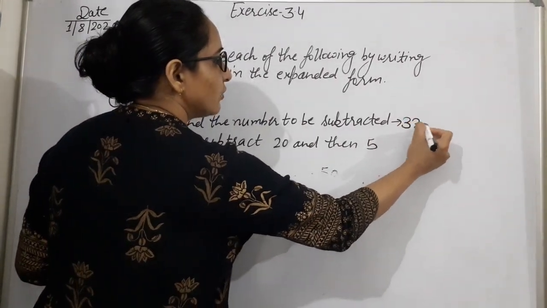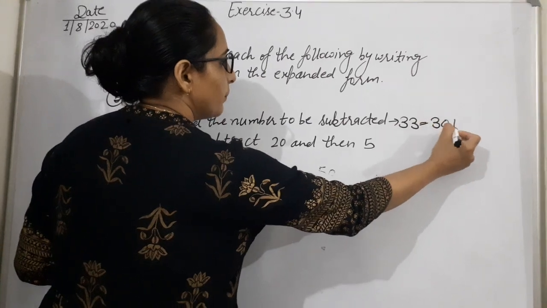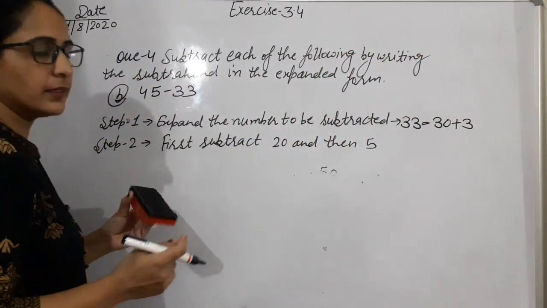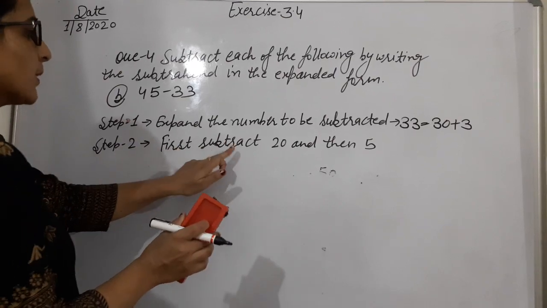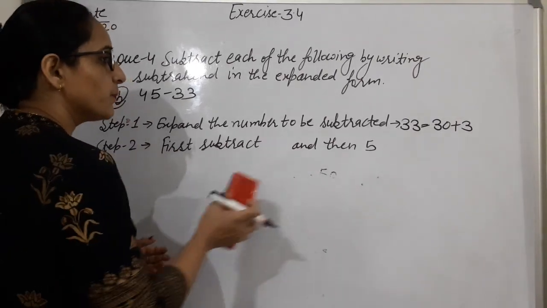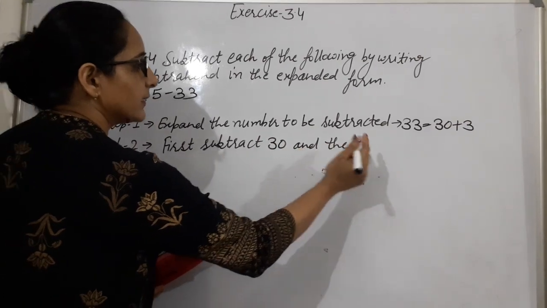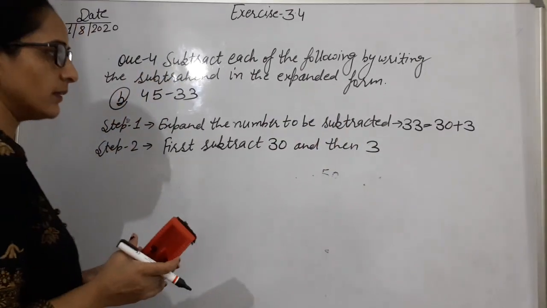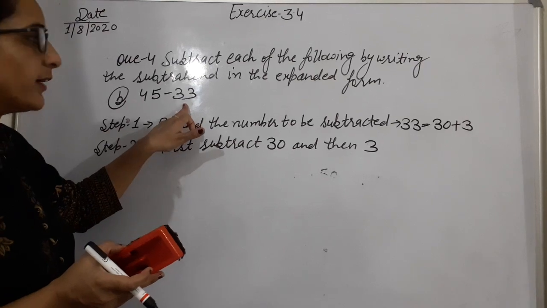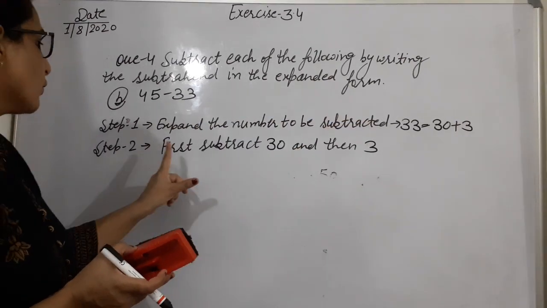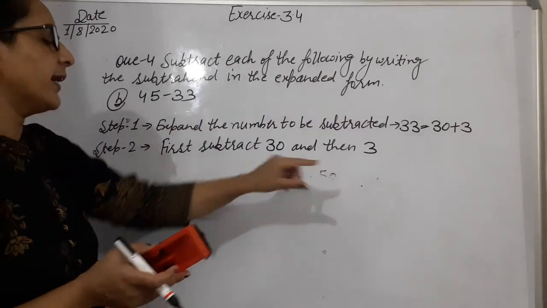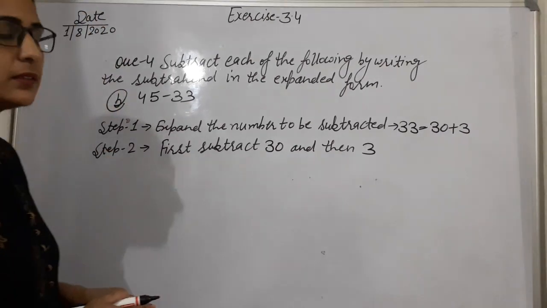How do we write 33 in expanded form? 30 plus 3. Clear? Now first subtract 30 and then 3. When we write in expanded form, we get 30 plus 3. So first we subtract 30 and after that we subtract 3.